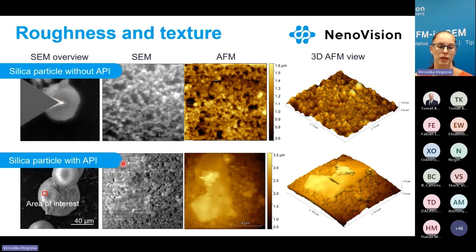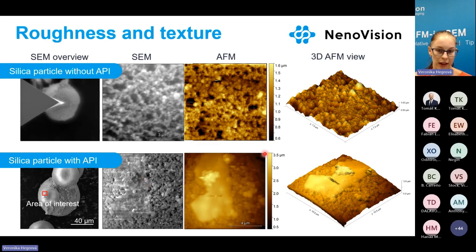And then we measured the silica particle with active ingredient. We had several different percentages of the treatment. I have one of them over here, and we can see that the treatment is partially visible in the SEM, but not perfectly, and definitely we don't know where the active ingredient is.